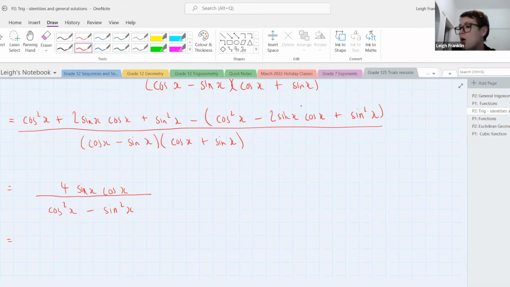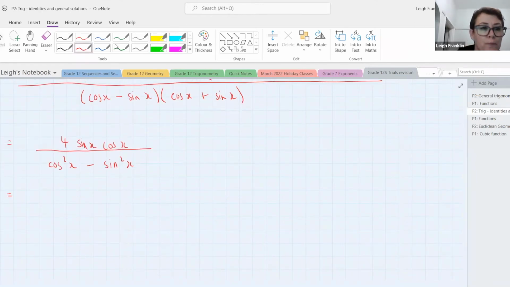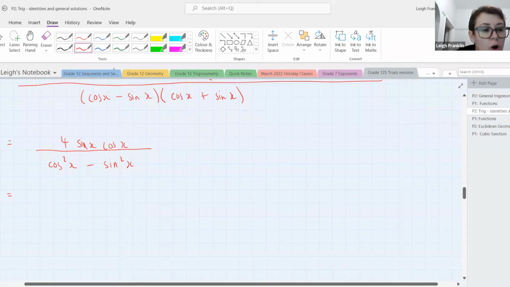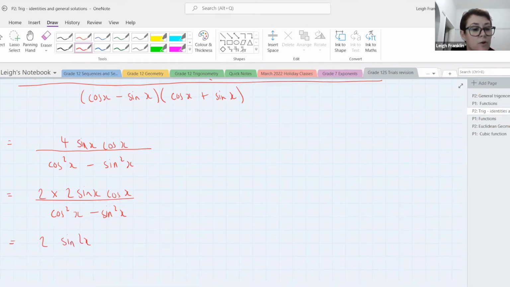Okay, and from here on, these are both double angle identities. So what I'm going to do is write the 4 at the top as 2 times 2 sine x cos x. At the bottom, I'll just leave it like this for now: cos squared x minus sine squared x. So at the top, I've now got 2 sine 2x, my double angle sine identity.